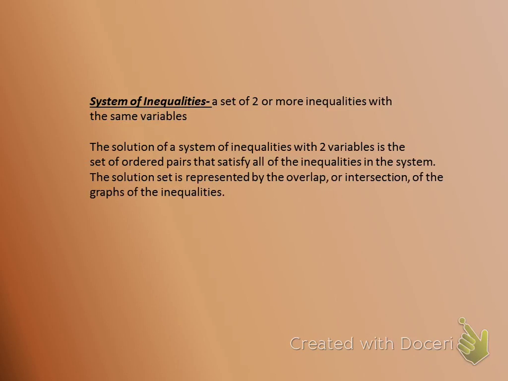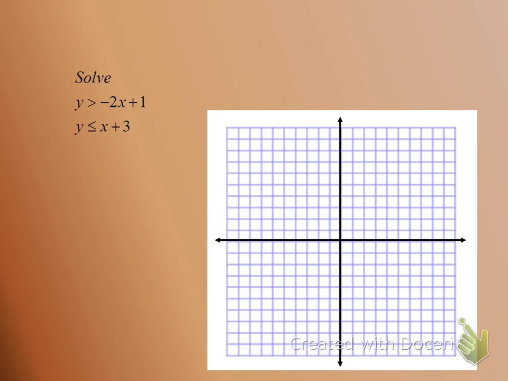So that's what we're looking at today. We're going to graph 2 of those, see where they overlap, and that overlapping section is what we shade. Everybody good? Okay, let's try it.